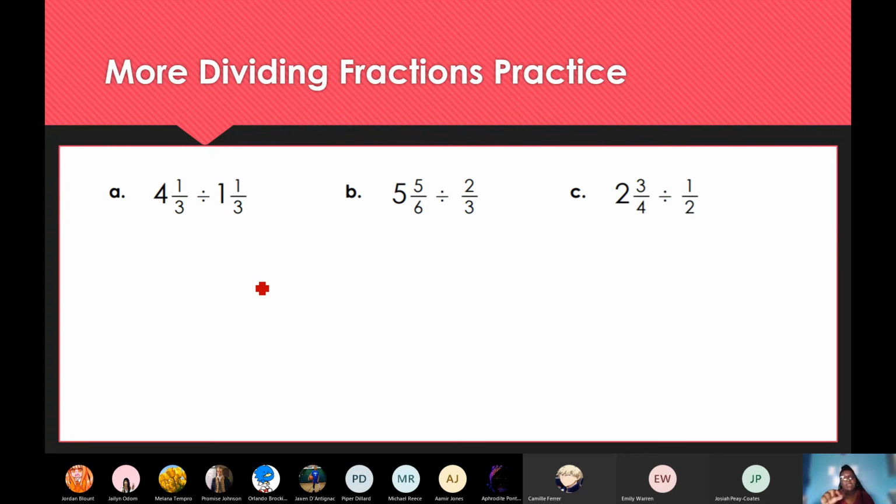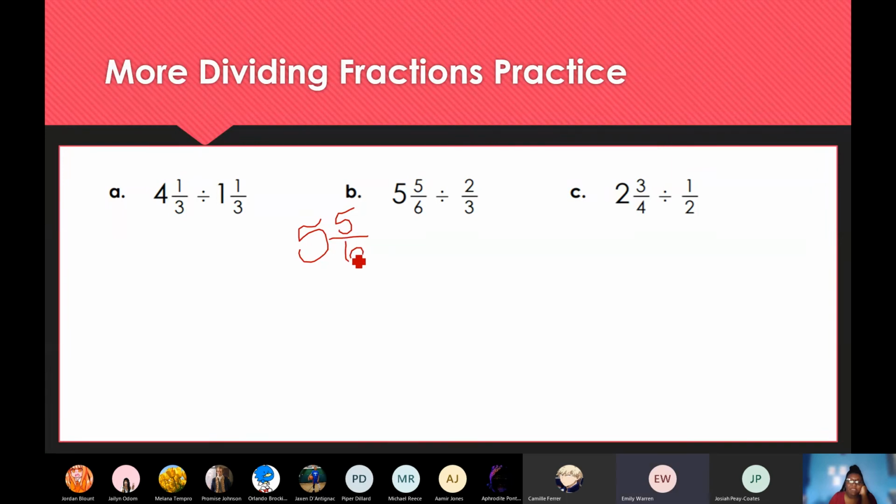This one should be a little bit easier because you're only changing one of these mixed numbers to an improper fraction. 5 and 5/6 divided by 2/3. So what's our step 1? Make the whole number a fraction.